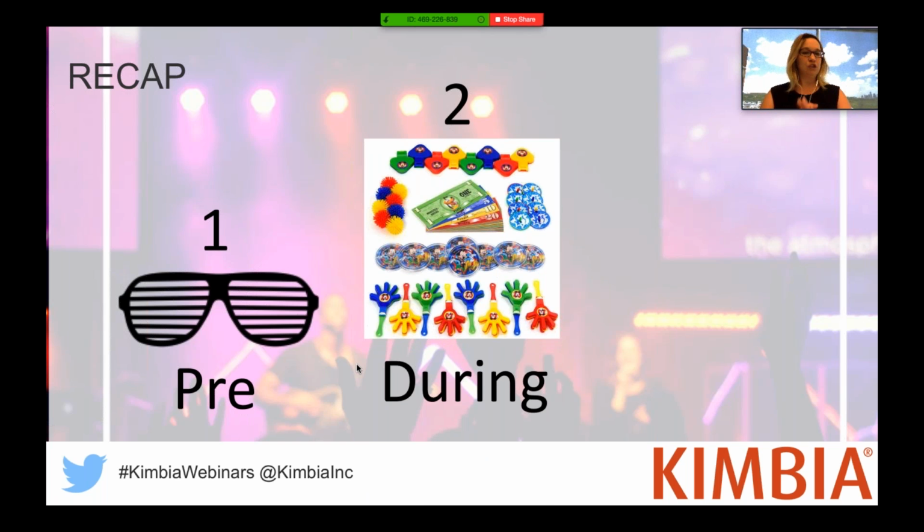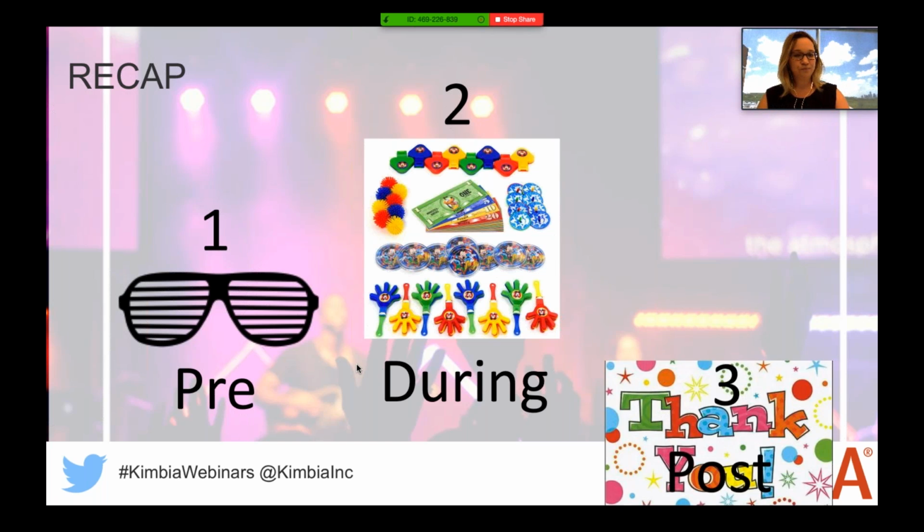Then we talked about during the event. The biggest takeaway I want you to think about there is how you can get those sneezers and social ambassadors to help you incentivize and start thanking people and keep the momentum going during the day.